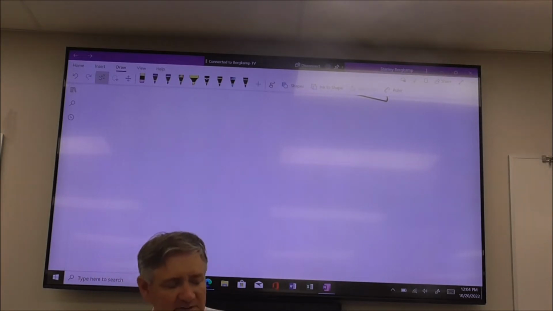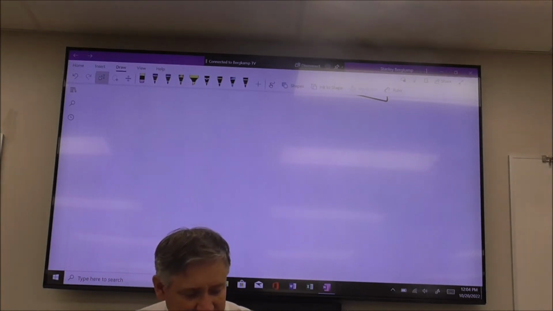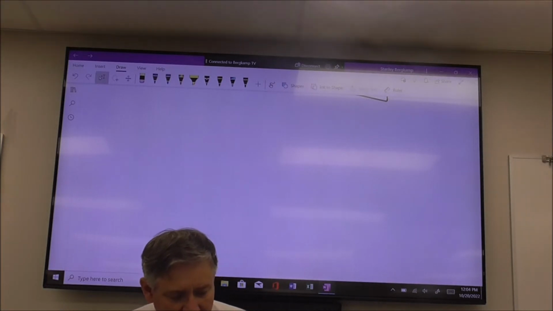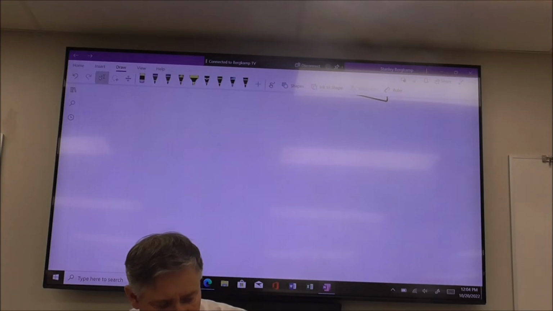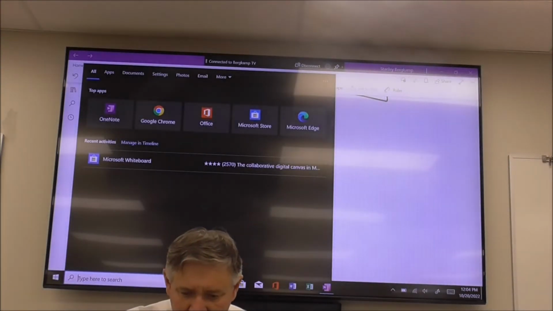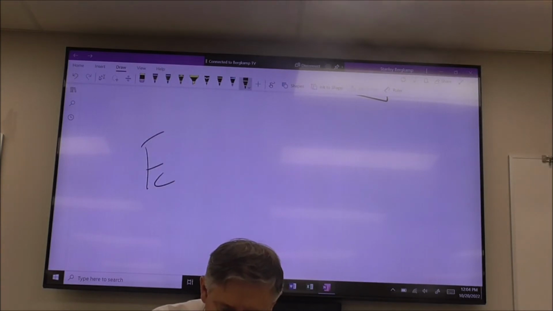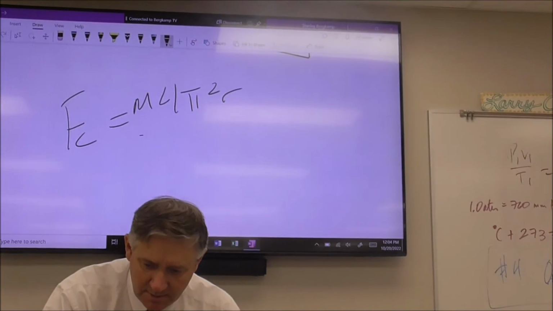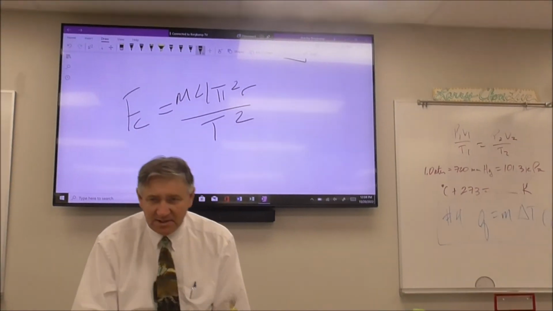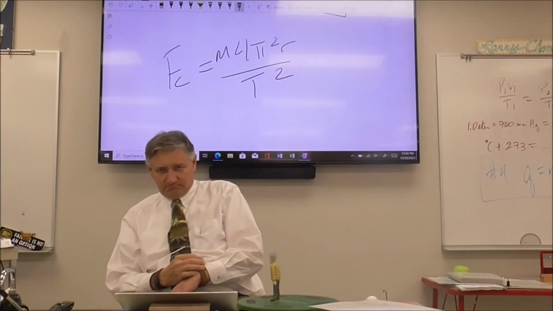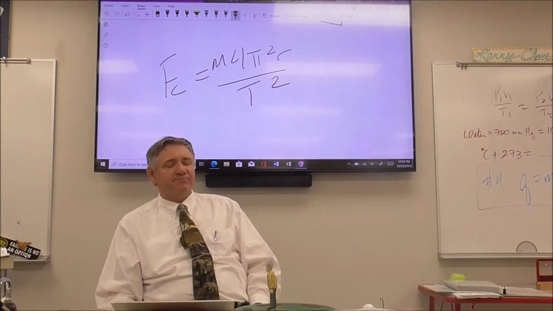So let's say this thing is spinning, and here's Albert Einstein, and Al is going around like this. When you calculate that centripetal force, it's mass times 4 pi squared r over T squared. That's the one I want to use for this one.